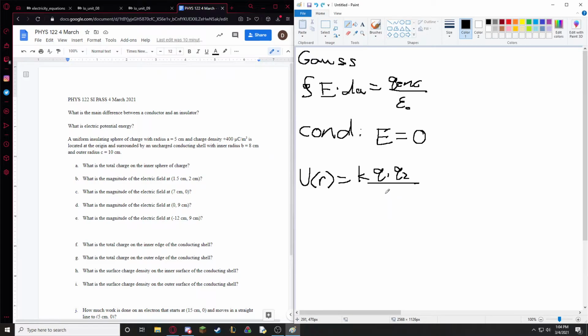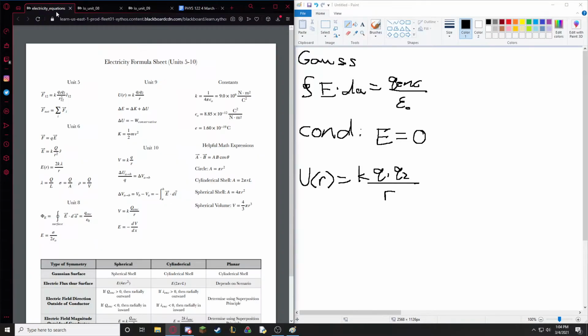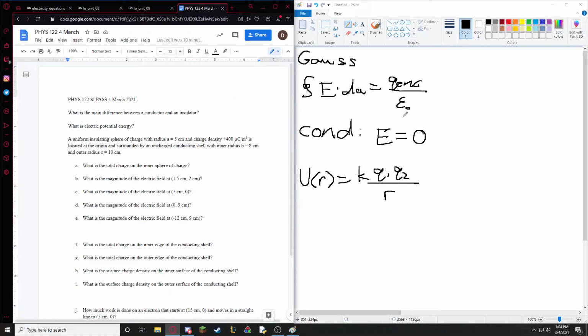In mechanics, or Physics 121, potential energy was used to measure the energy of an object that wasn't in motion. For charges, you can use electric potential energy to find how much potential energy there is between two charges.